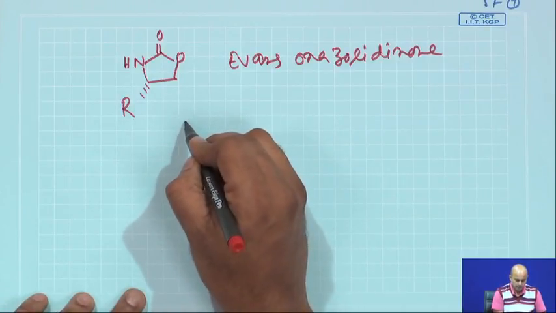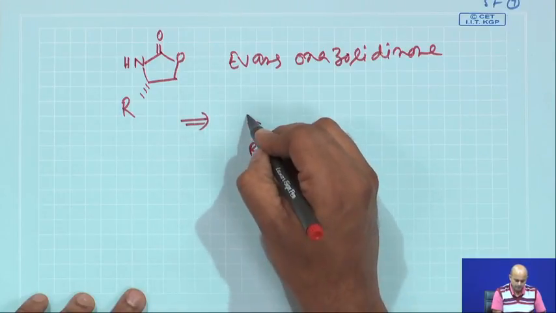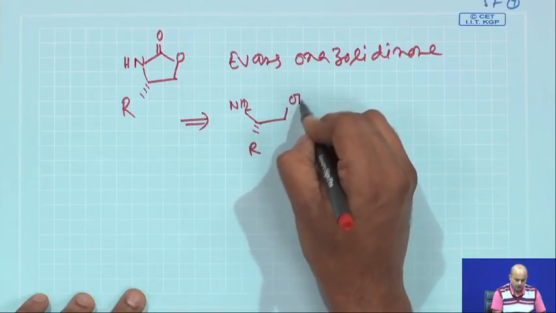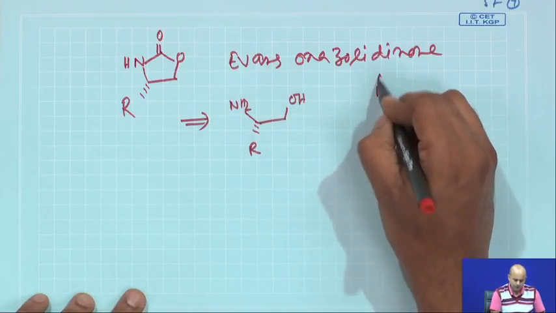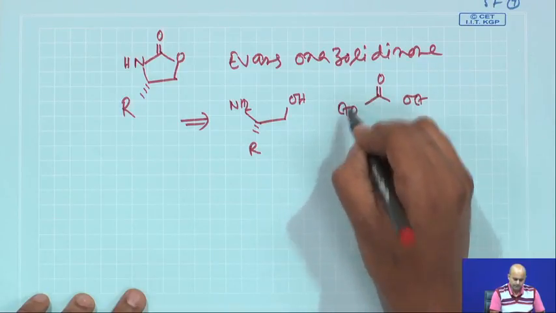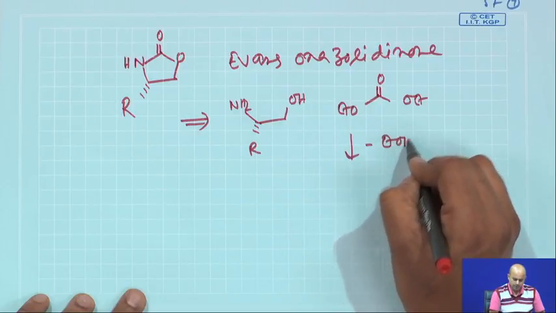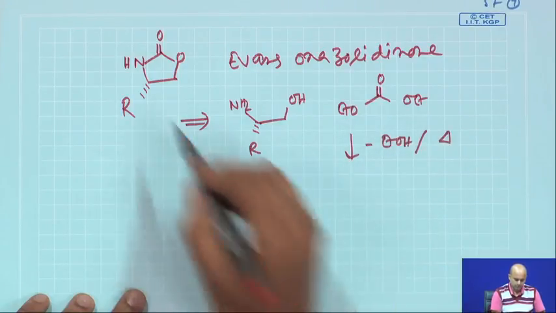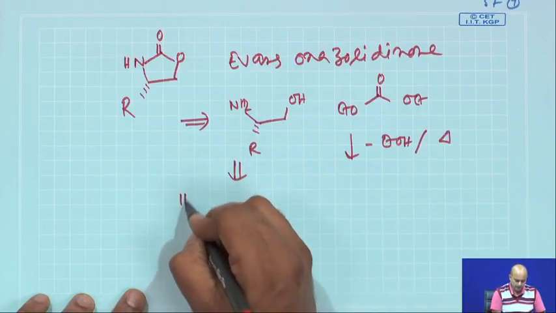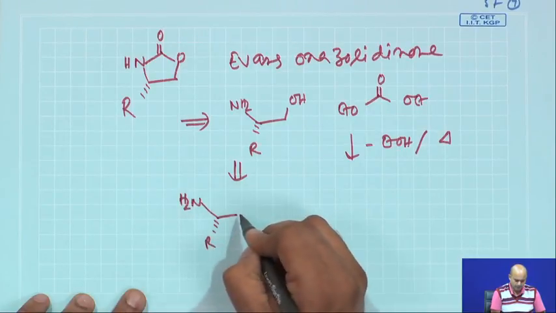They are best prepared starting from the corresponding amino alcohol. You react this amino alcohol with diethyl carbonate or other reagents, and you can remove 2 equivalents of ethanol by simply heating to get this oxazolidinone. This amino alcohol you can simply get from the corresponding amino acid.